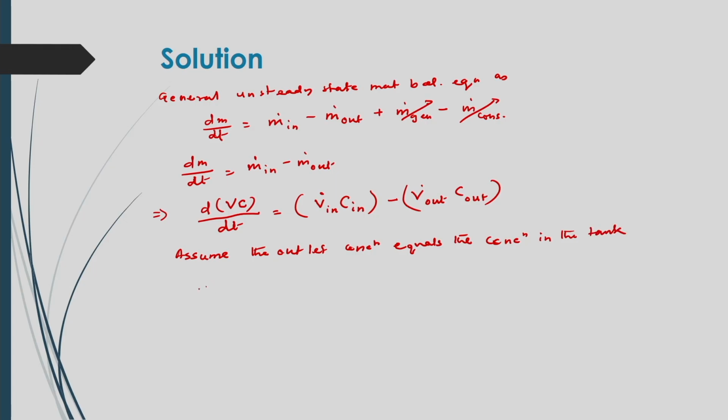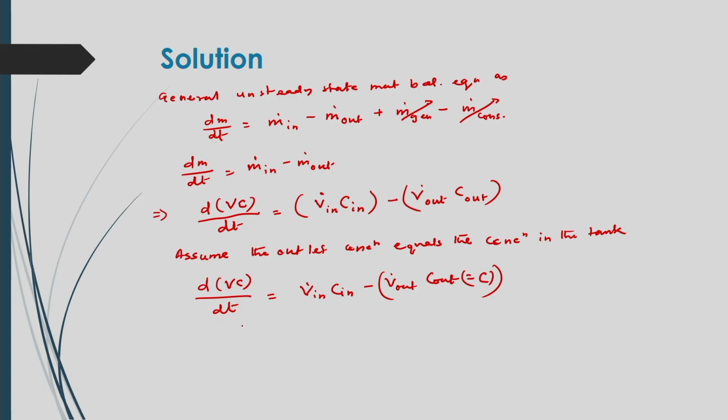So, we can write d of V C by dt equal to V dot in into C in minus V dot out into C out, and C out is basically C here.